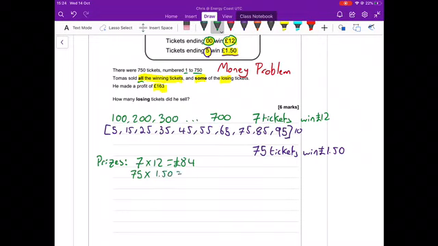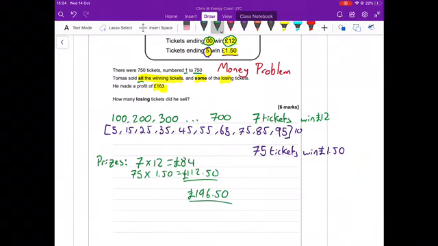Easy on a calculator, it's £112.50. So the total of that, if I add those two winnings together, is £196.50. That's how much money he has to give away.